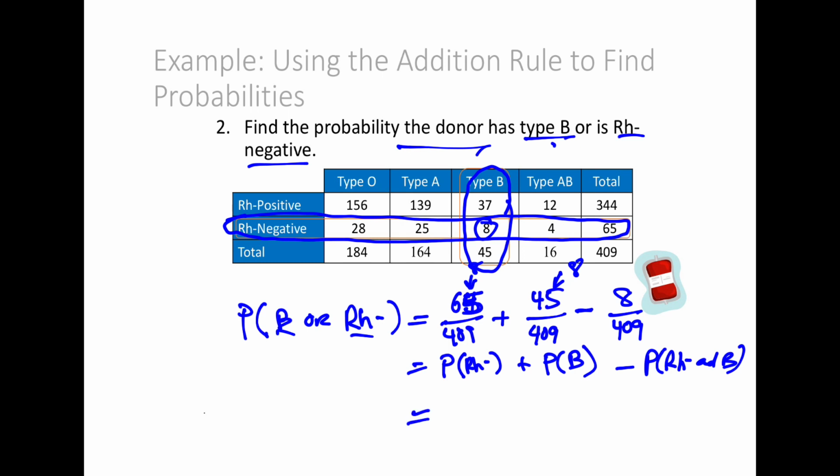The total of this then is 110 minus 8, so 102 over 409, which as an approximate decimal rounded to the 4th digit, is 0.2494 or 24.94% probability.